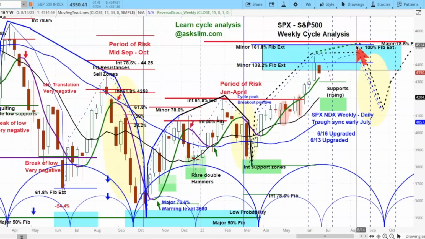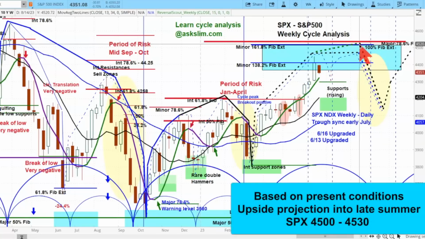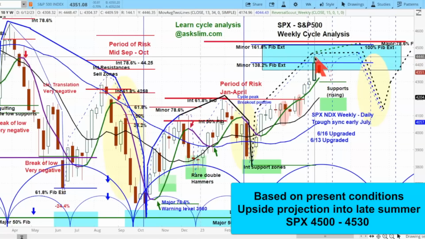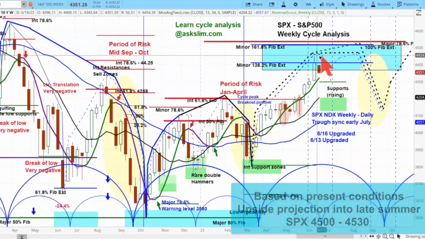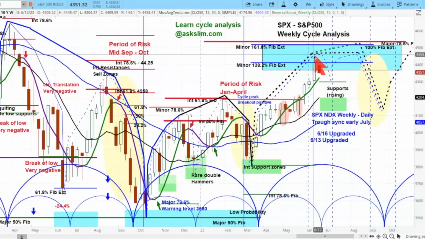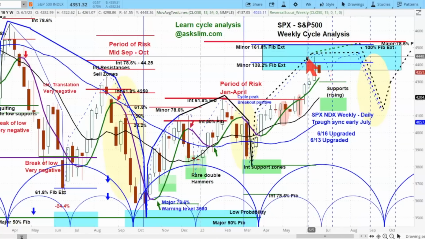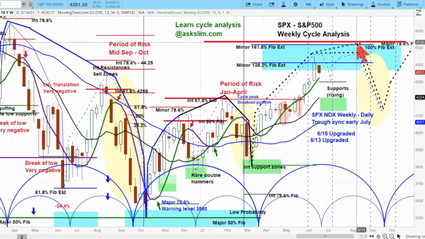So up here, the projections would be just over 4,500 to potentially about 4,530, somewhere in that area. The very least would be testing that number. So you can see we have both scenarios in here: a test, or a pullback and then a move to 4,500.